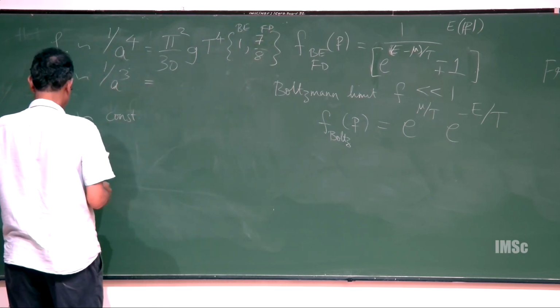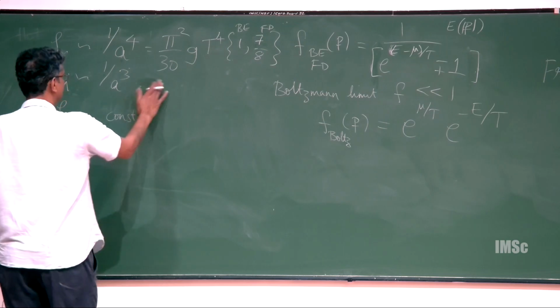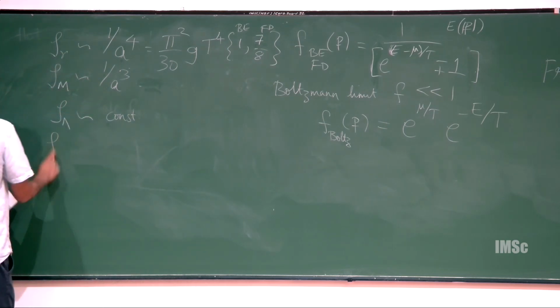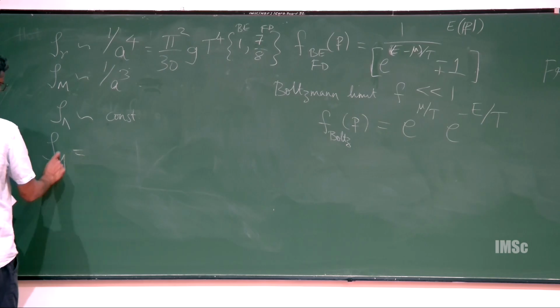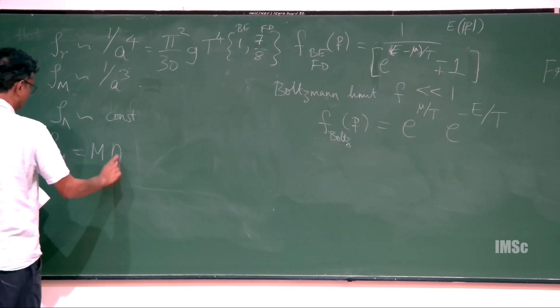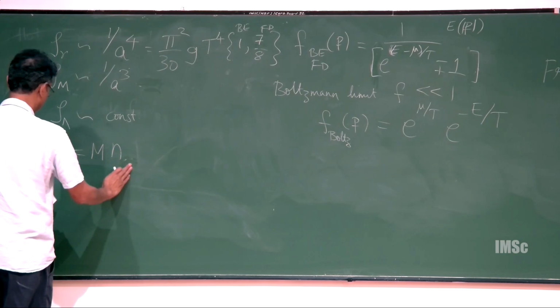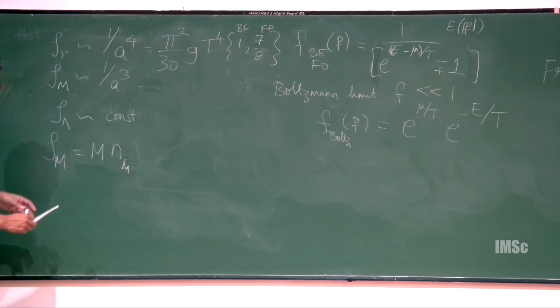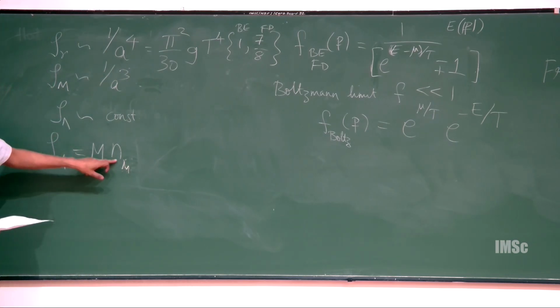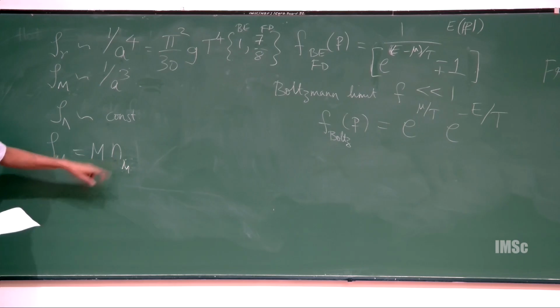And we have rho matter. So I'll just write it for the number density. Rho for non-relativistic matter is just m times the number density of matter. This is something that we'll need for baryon density and so on. It's just the number density.